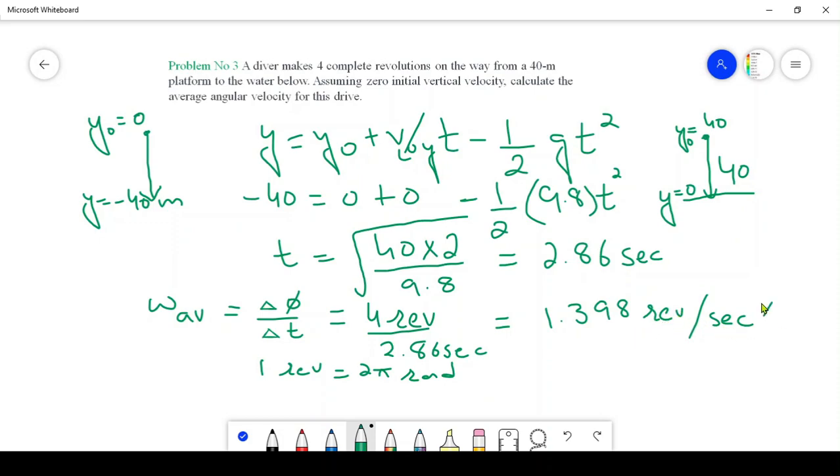So 2 pi radians is equal to 1 revolution, and my final answer would be 8.8 radians per second, and that is the answer which you are required to fill in the evaluation or assessment form.